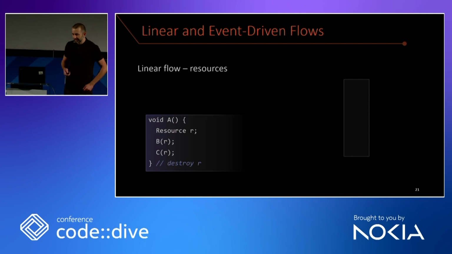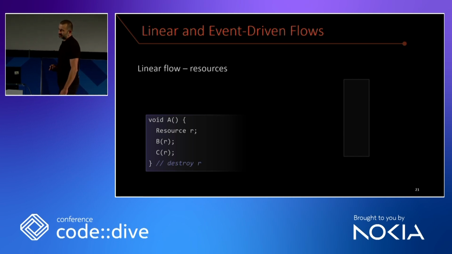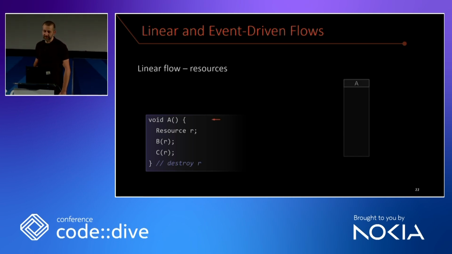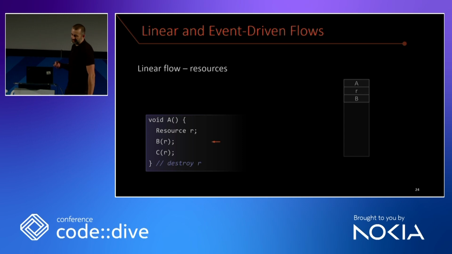Also, for the linear sequential flow, we know pretty well, especially in C++, how to deal with resources. We tie them to the lifetime of automatic objects, and automatic objects represent a resource. When we call a function, we can use the same stack as we use for our instructions and function frames, and put all the data associated with the resource there. Then when we call subsequent functions inside our function A, the resource is there in the memory, we know where, in the stack.